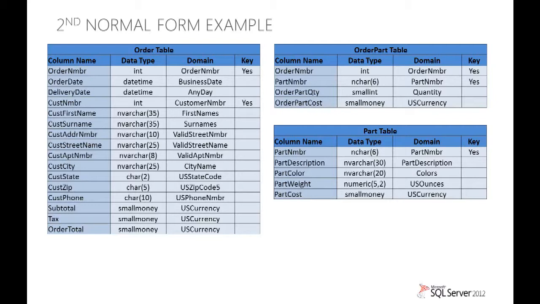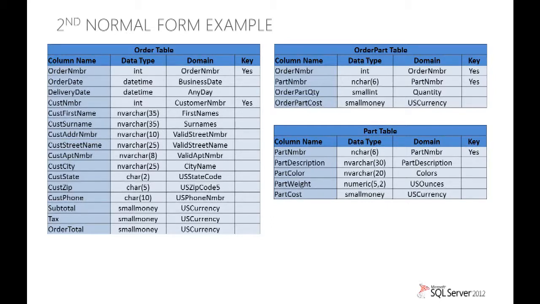So for each part, I'm only going to have to record its key characteristics in one row. And I've got part number as the primary key down in the part table, but I left it in the composite primary key up in the order part table to establish the relationship between these two tables. And this is now your typical structure of a relationship table between two entity tables.